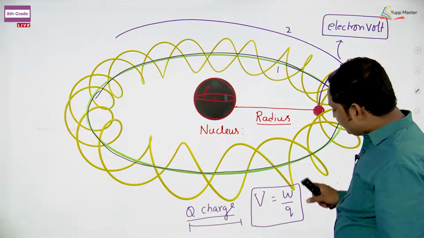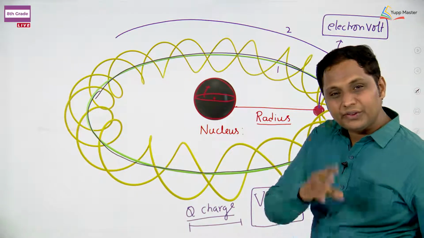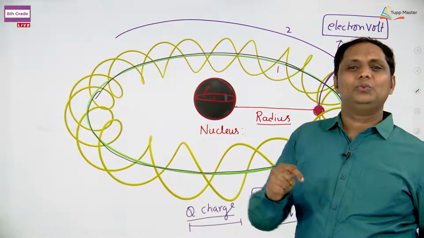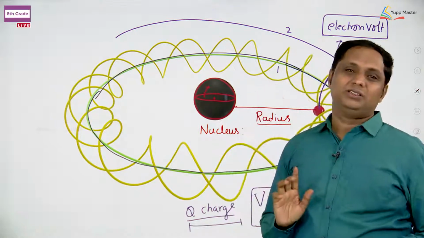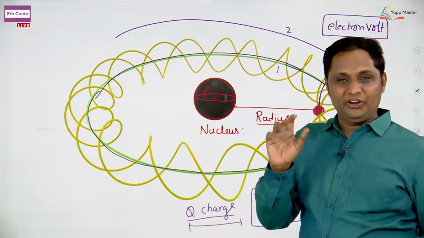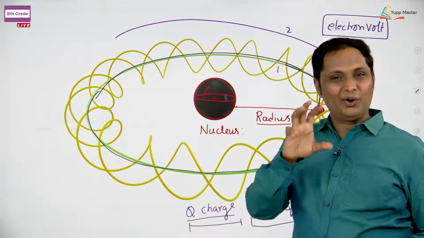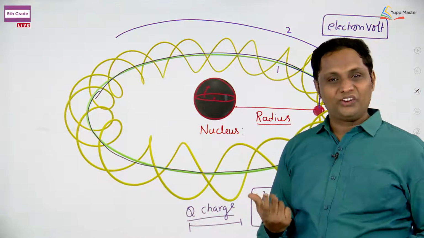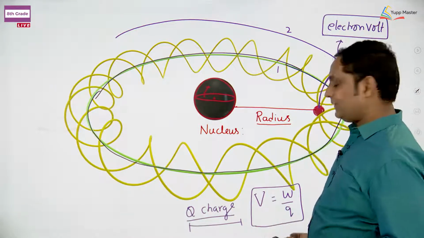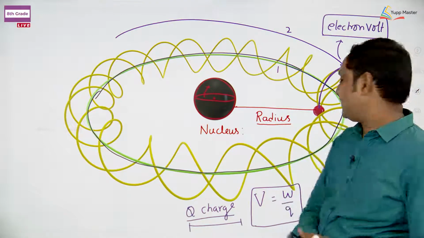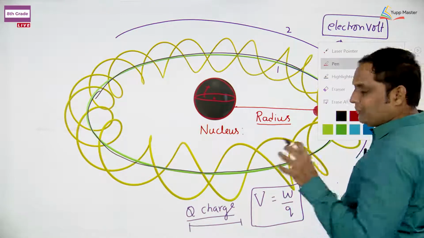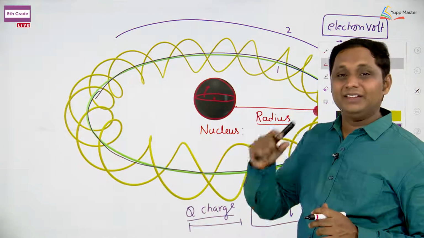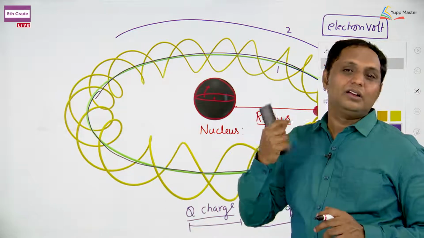Potential is simply expressed as work done to displace the charge a unit distance. Potential is nothing but work done by the system or external force to move the charge of one unit distance. It is very clear. Work done is nothing but energy required to displace the charge.